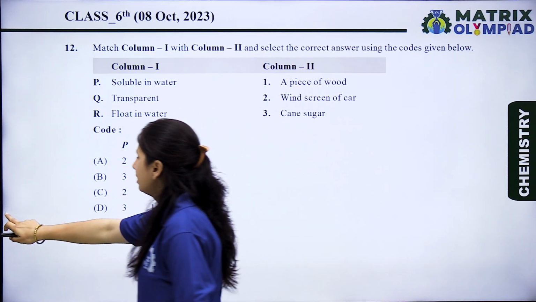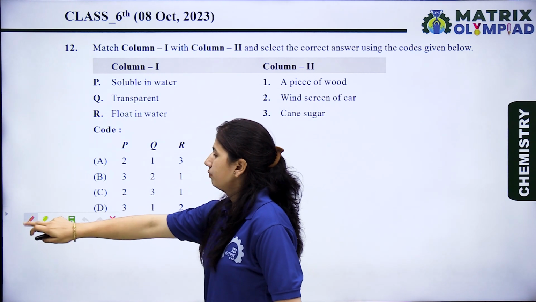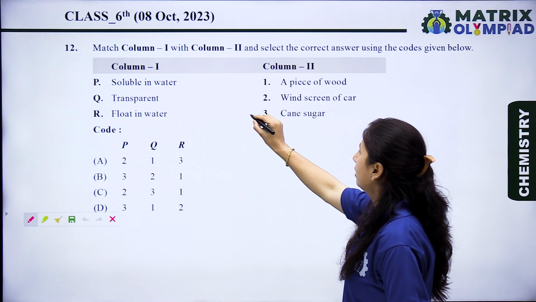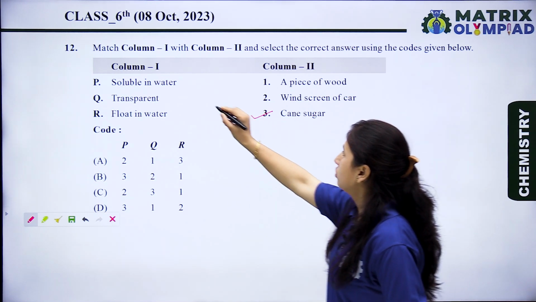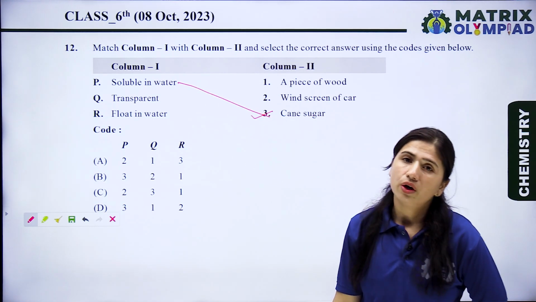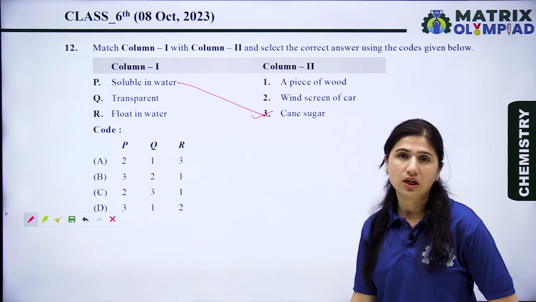Okay, now let's see that the first option is soluble in water. So we can see that cane sugar is soluble in water. When we dissolve the cane sugar in water, it can easily dissolve because the nature of both the substances is similar.